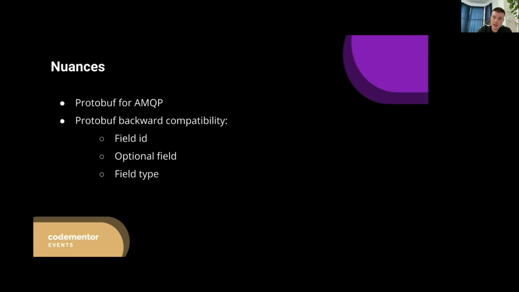Those field IDs, optional fields, field types, it's something that you have to be really careful about, because in case you change the field ID or you make some field optional, or hypothetically, for some reason, you change the field type, which you hypothetically could do in other protocols like REST, you will break the existing clients, and most likely you won't be able to update them at the same time, right?